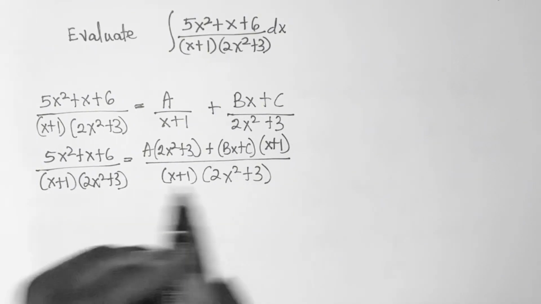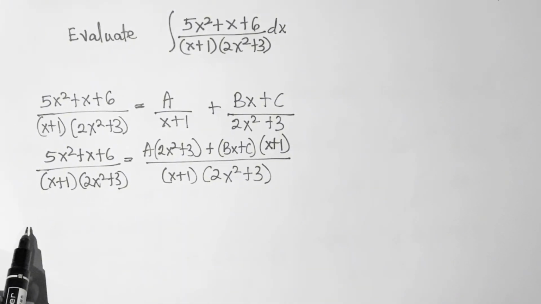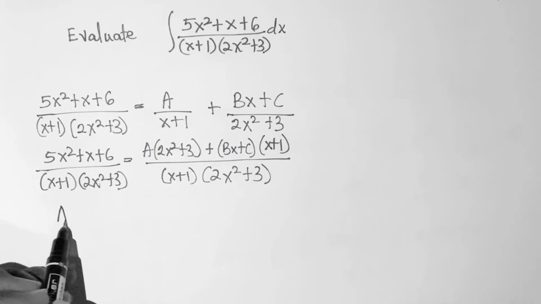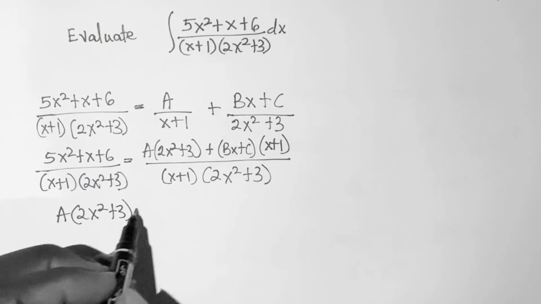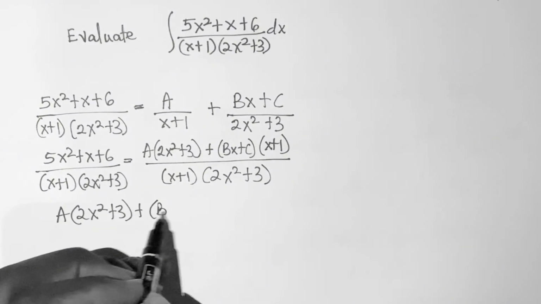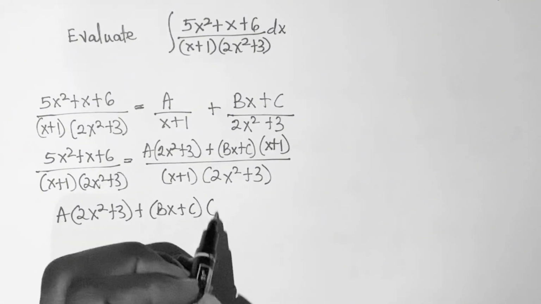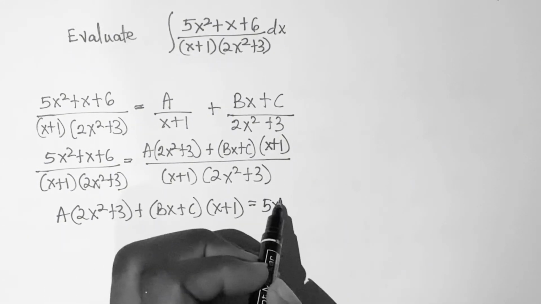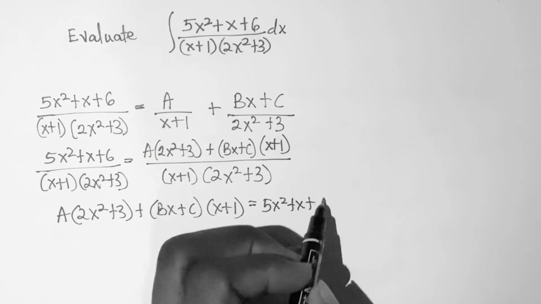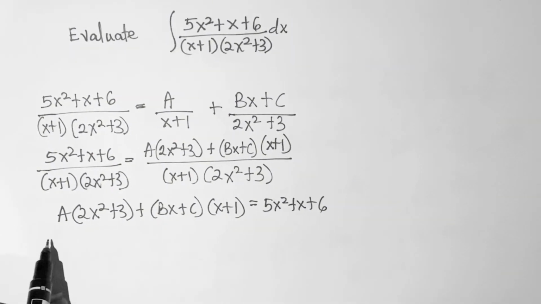So since the denominators are equal, we can equate the numerators. So it implies that a times (2x squared plus 3) plus (bx plus c) times (x plus 1) is equal to 5x squared plus x plus 6. Now let's expand.